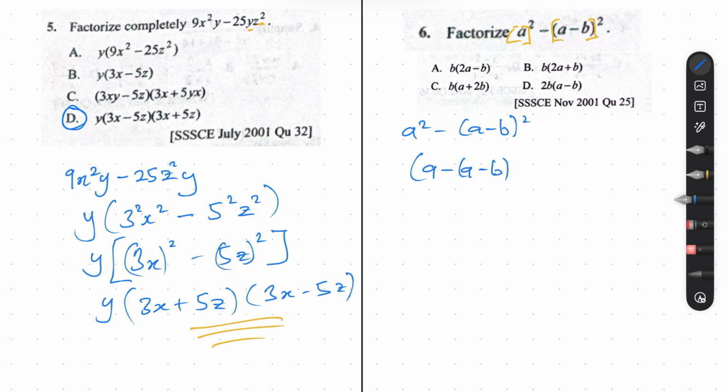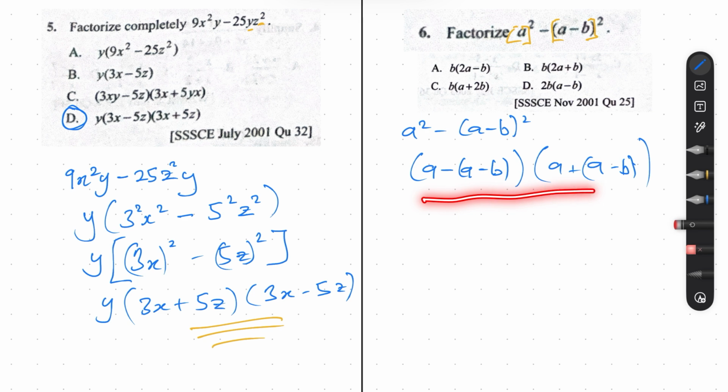Then we have another bracket where this a, we add it to this whole term, so plus a minus b. So that is our expansion.